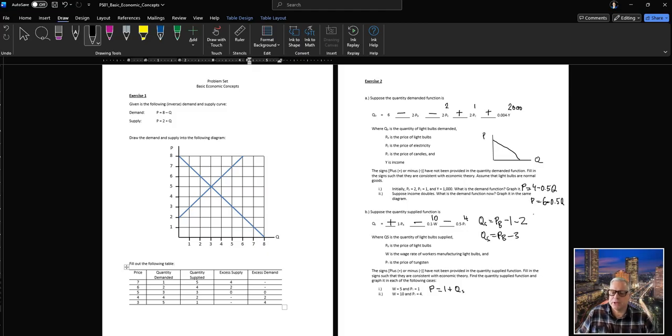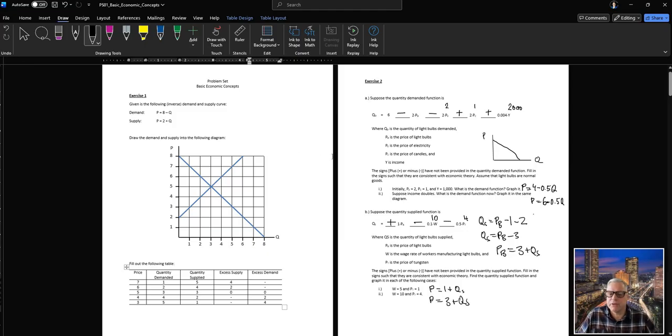So that would be the inverse demand function, and we said because the cost went up, that's a leftward shift in the supply function. So if we invert this one for P, you see we get P equals 3 plus QS.